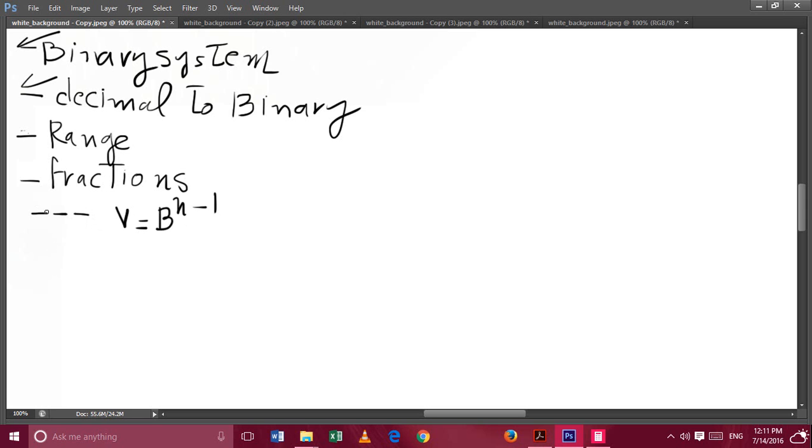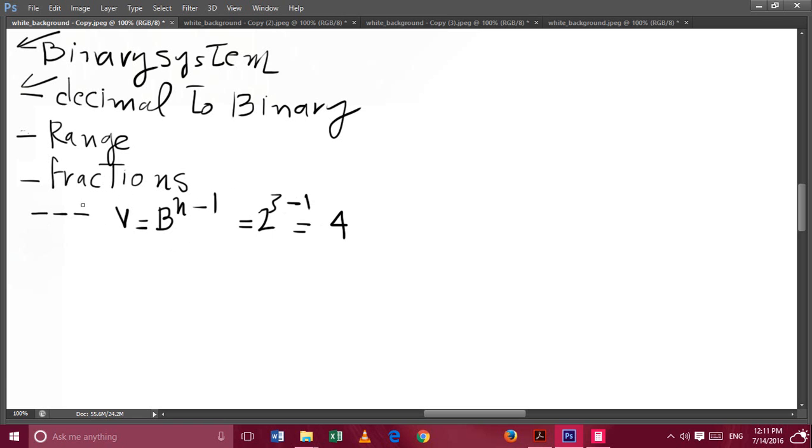So this third place would have a value equal to 2, which is the base, raised to the power 3 minus 1, that would be 2 raised to the power of 2, which is 4.